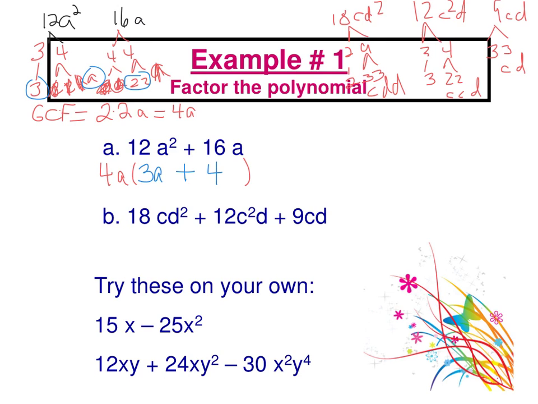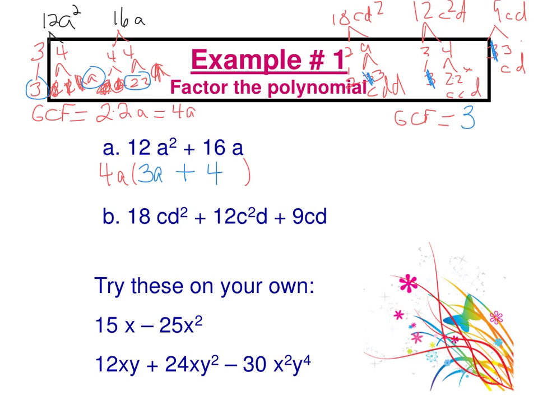Alright, for my GCF, since I have 3 terms, it has to be shared by all 3 factor trees. I have a 2 in this factor tree and a 2 in this factor tree, but no 2 here. So there isn't a 2 that's part of the GCF. I have a 3 in this factor tree, a 3 in this one, and a 3 in this one, so they share a 3 in common, and there are no other numbers.